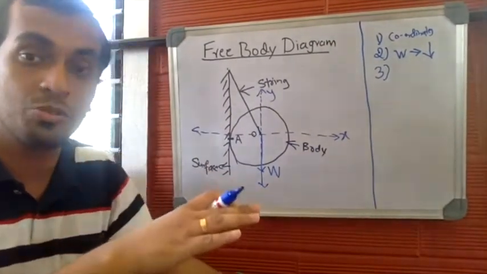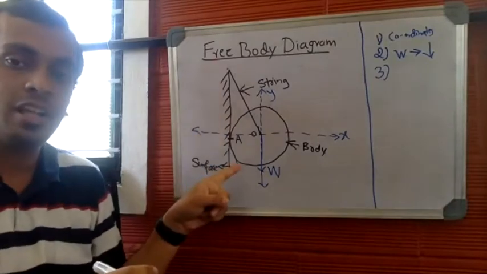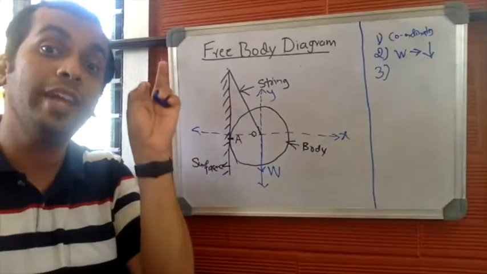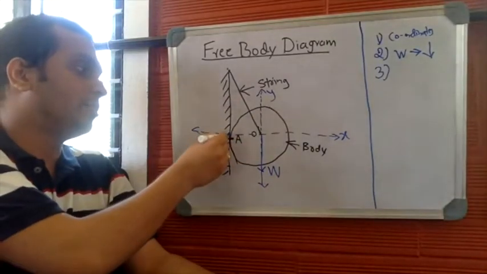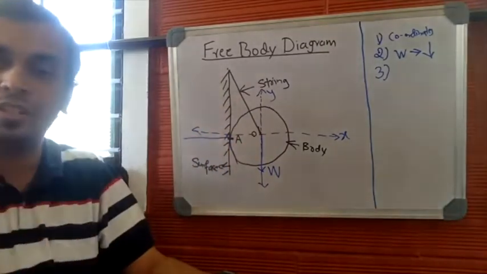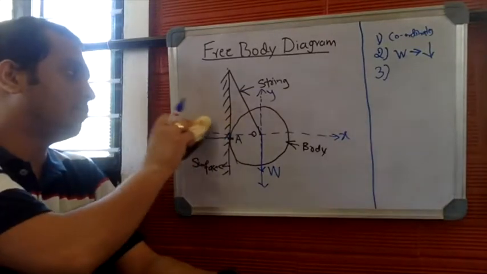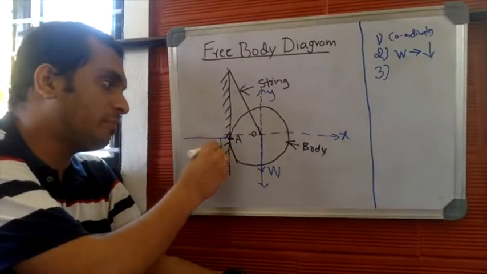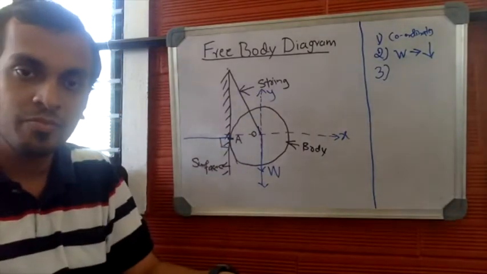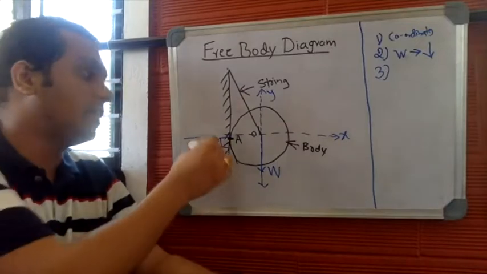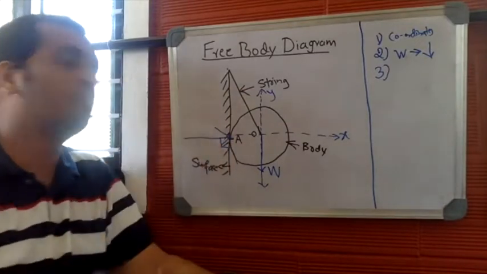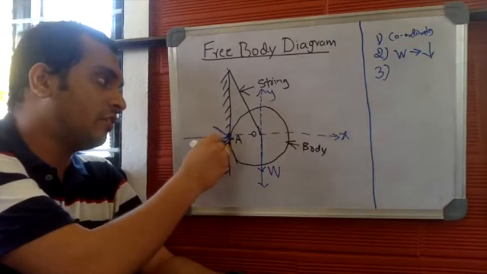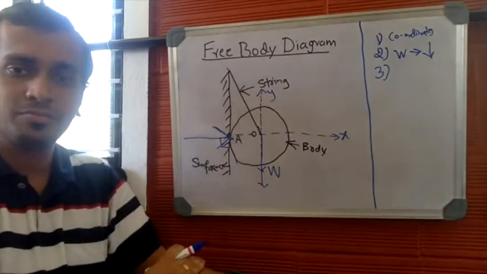And this is how we are supposed to mark. This is the vertical surface here. Reaction offered by the surface will always be perpendicular to the surface, and it will always be directed towards the body.